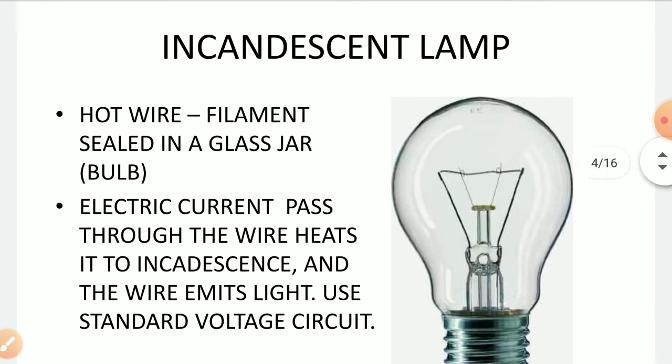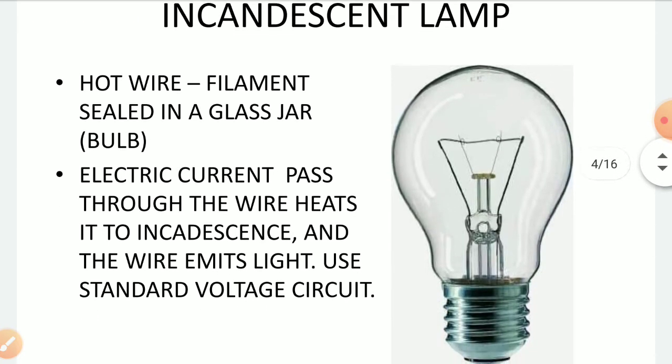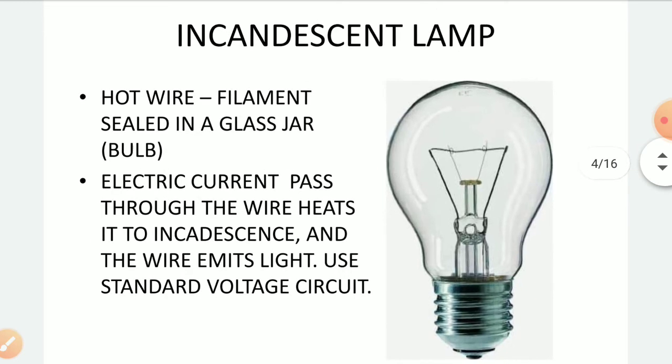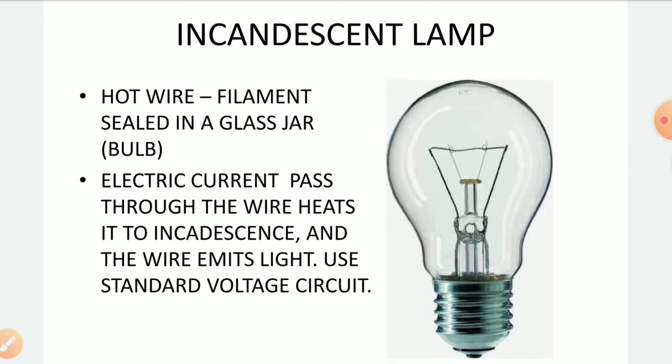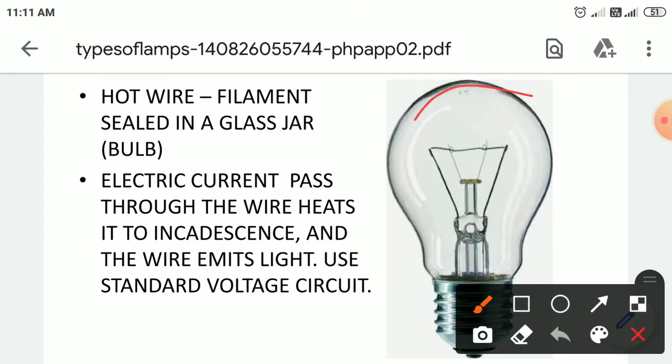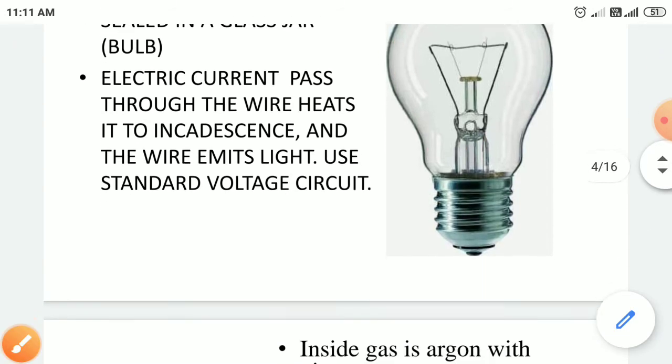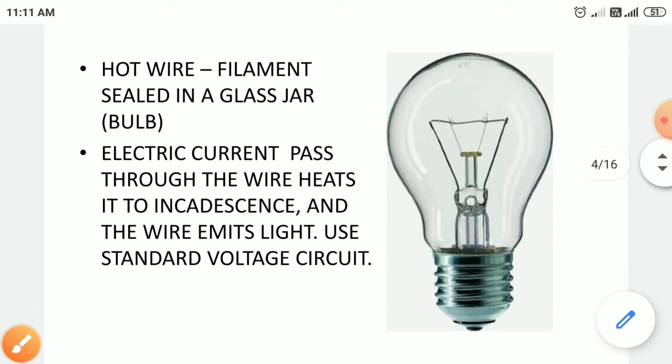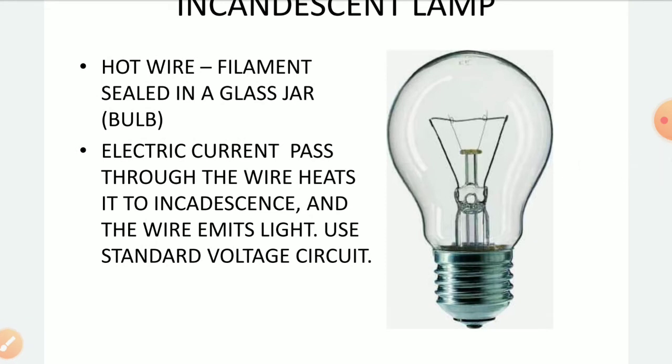Okay, now we start the different types of lamps. The incandescent lamp, as you all know, is the lamp which everyone has seen. It consists of an outer layer of glass and a hot wire, or you can say a filament.